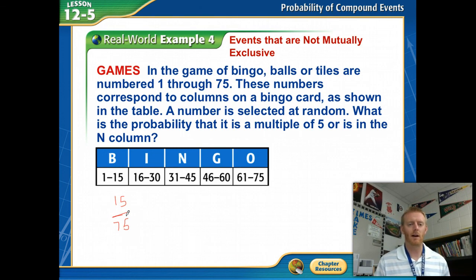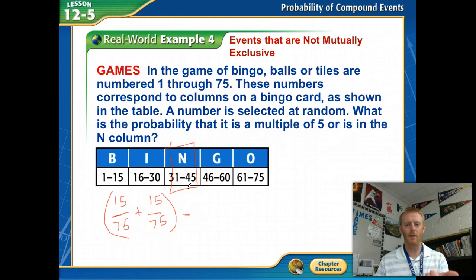Or the probability of an N. So we're going to add to that, getting an N. Well, that's 1 out of the 5, but if we make this into common denominators, that's going to be, again, 15 out of 75. So we add those two things together, and now we're going to subtract the probability of it being an N and a multiple of 5.